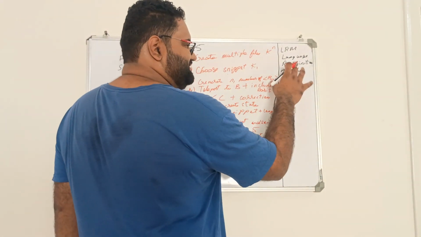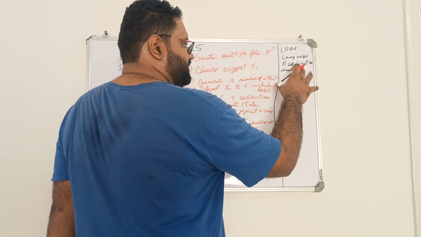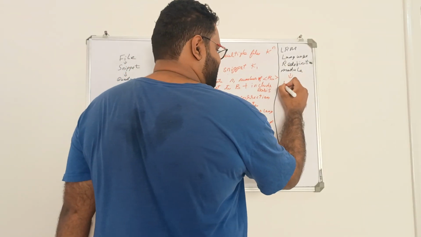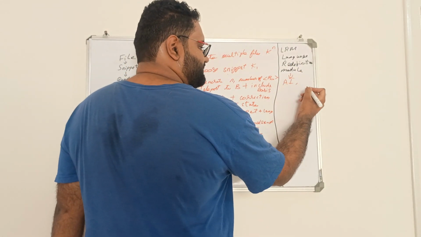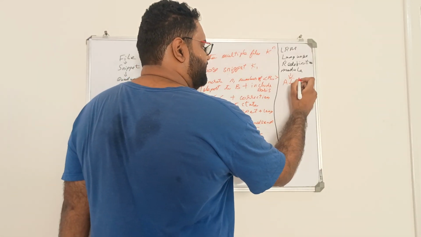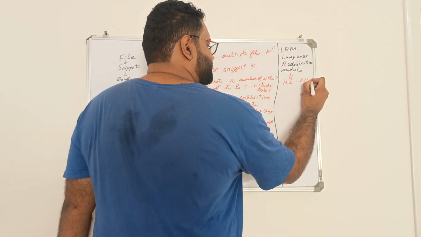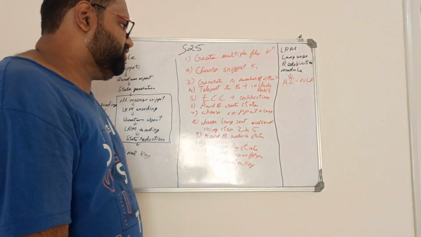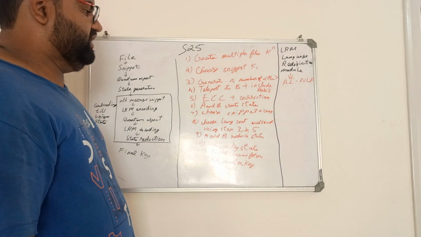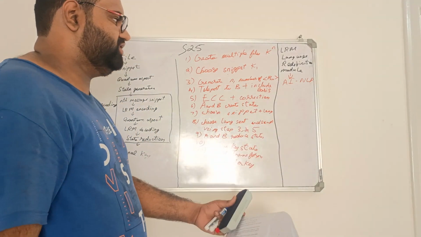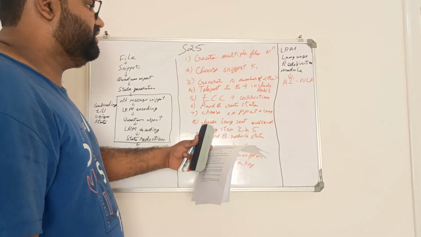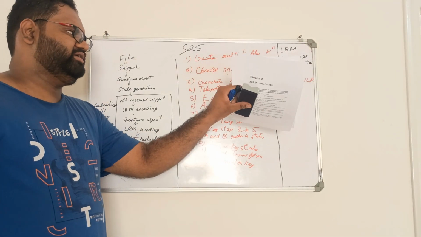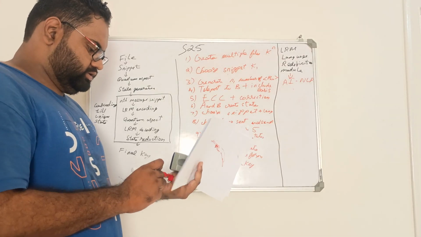So this language redefinition module is going to be using some sort of an artificial intelligence, basically in the form of NLP. So NLP stands for Natural Language Processing. It uses something called a recursive neural network to actually train. We are going to be discussing a little bit on that as well.